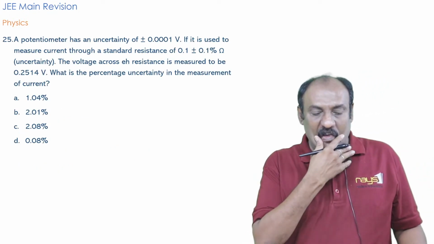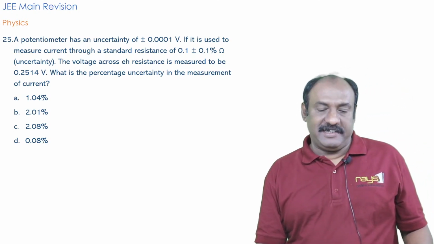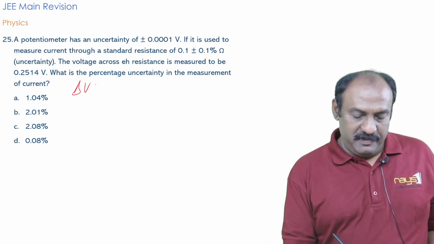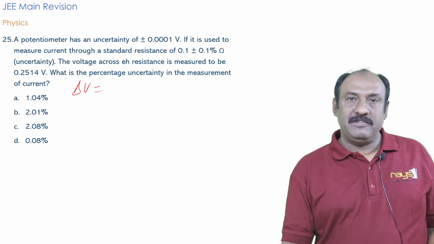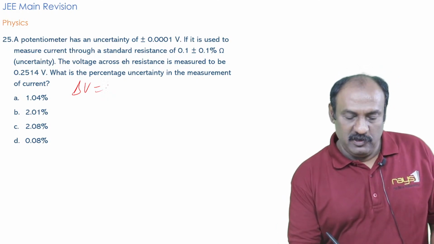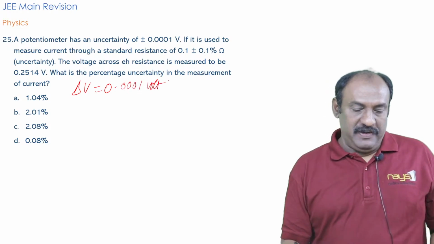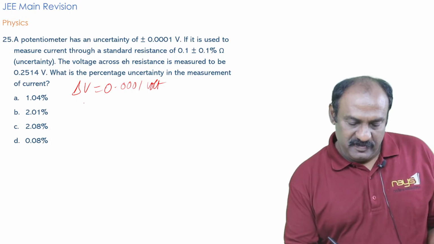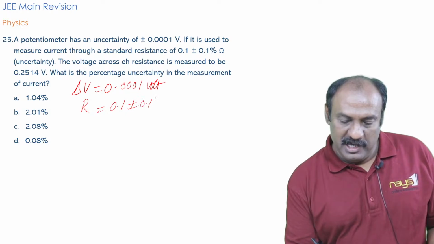Question number 25. A potentiometer has an uncertainty of 0.001 volt. So delta V, the error in the measurement of potential by using the potentiometer, is 0.0001 volt. If it is used to measure current through a standard resistance, the value R is 0.1 plus or minus 0.1%.